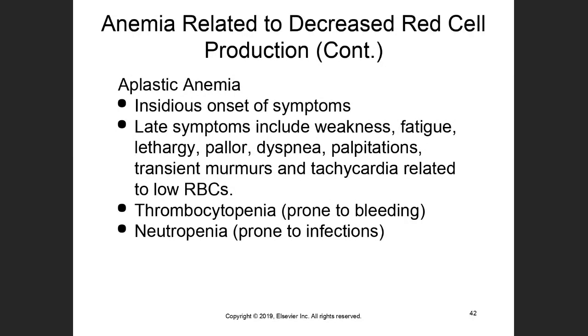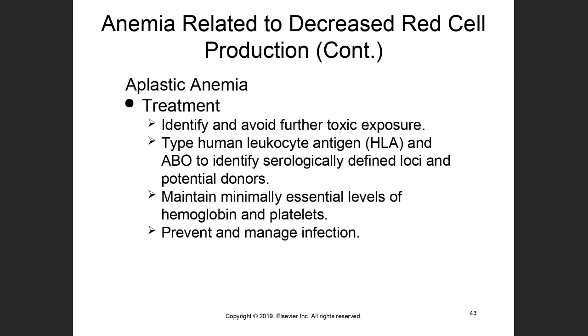Aplastic anemia has insidious onset of symptoms. Late symptoms include weakness, fatigue, lethargy, pallor, dyspnea, palpitation, thrombocytopenia, prone to bleeding, and neutropenia, prone to infections. Treatment: identify and avoid further toxic exposure, because there are some types of medication that produce aplastic anemia.